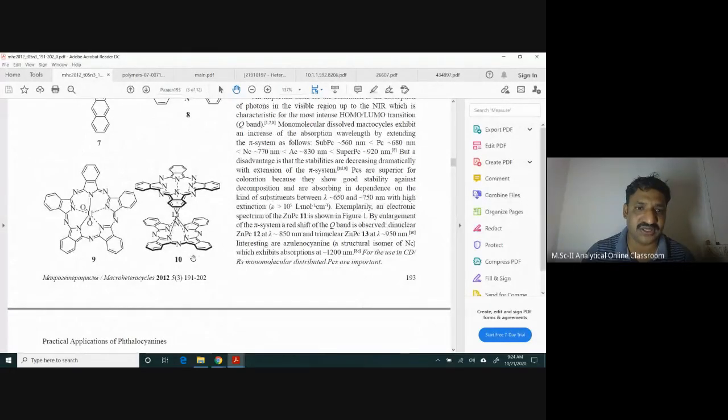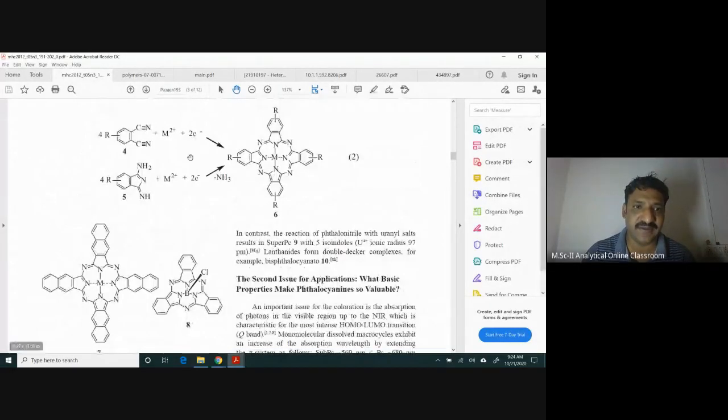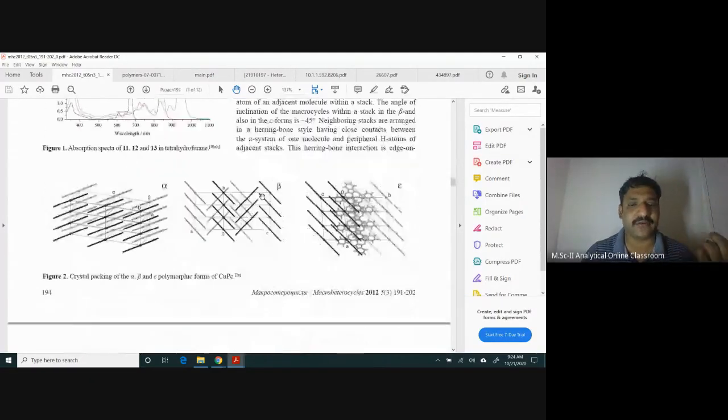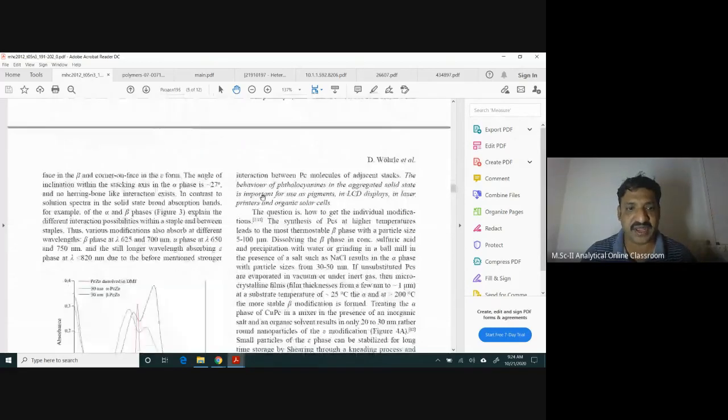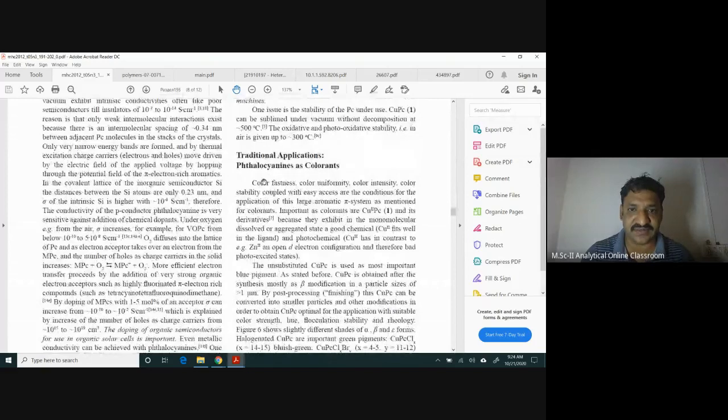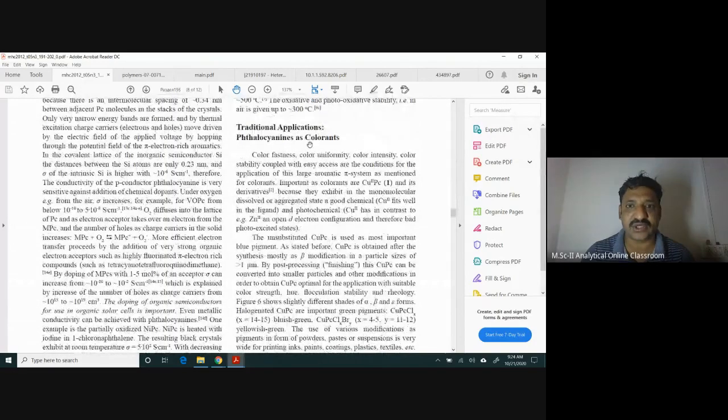Okay, so these are its different derivatives. No need to write them down, because this is the synthesis pattern for the preparation of phthalocyanin. We don't require that. We just require one structure, and after that here are the different applications. So phthalocyanin as a colorant, a traditional application.